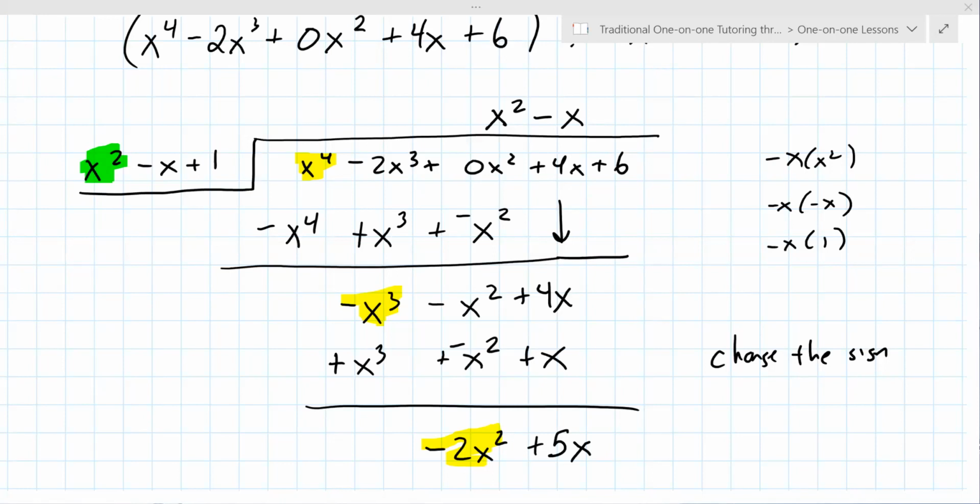So what do you multiply x squared by to get minus 2x squared? That's what you want to ask yourself. That's what you're thinking about here. It'd be minus 2. Perfect.